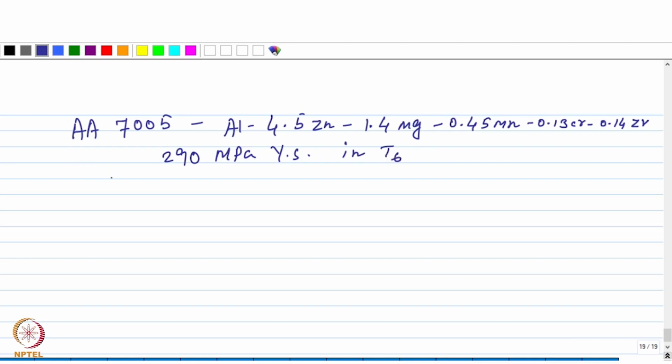And this kind of alloys are used in automotive parts and things like that. So they are basically for ground transport applications.